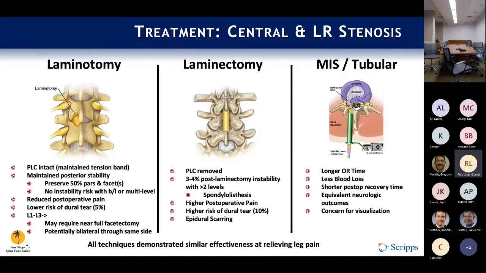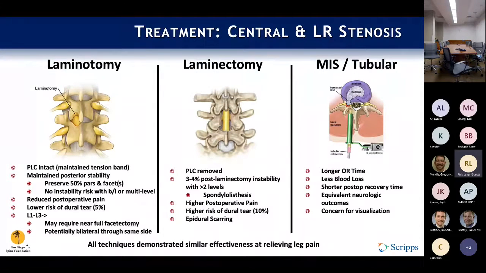The considerations, though, as you get higher in the lumbar spine, so L1 to L3, due to the narrowing medial-lateral distance between the pedicles there, you may require a near full facetectomy to relieve symptoms or to get appropriate decompression of your lateral recess.